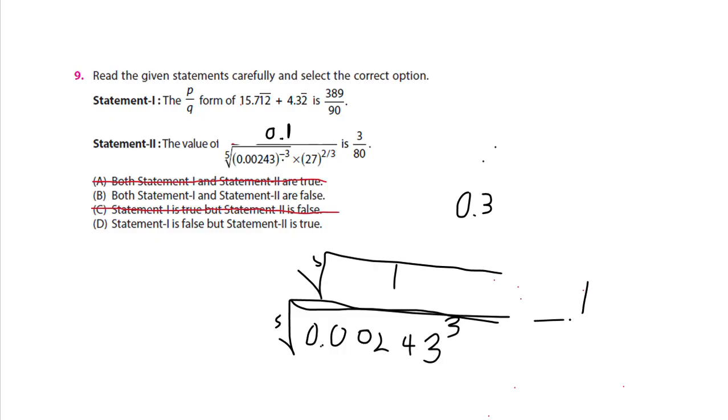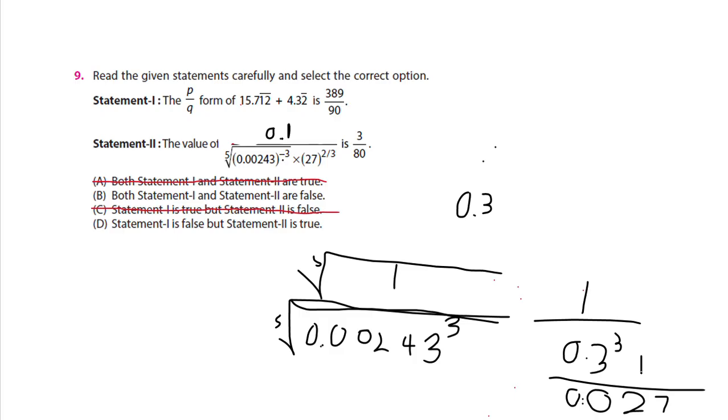So this will be something like this. So this is 1, and this will be 0.3, but still there is a cube, so this will be 0.3 cubed, and 0.3 cubed is 3 cubed with 3 decimals, so it will be 0.027.